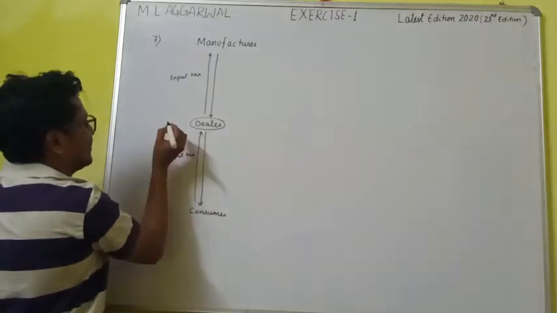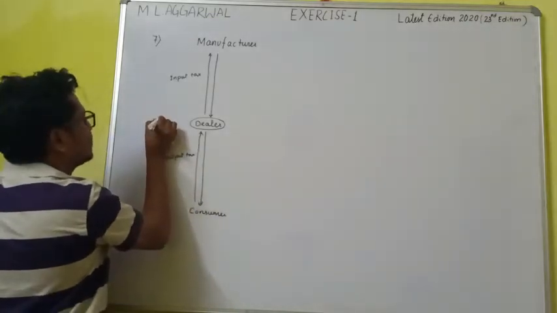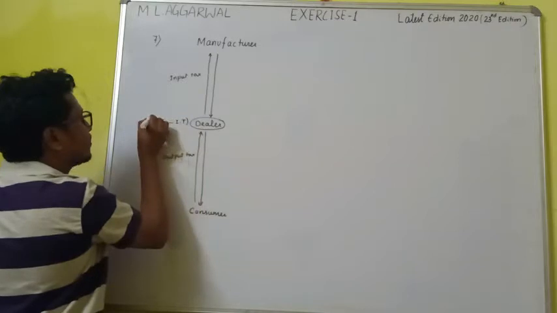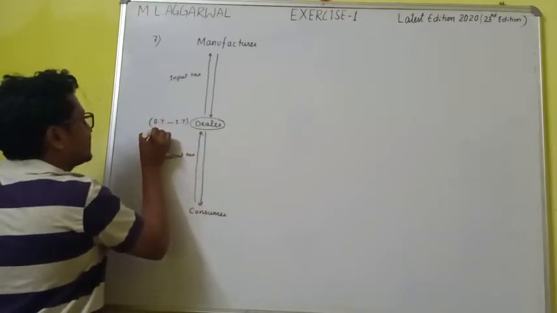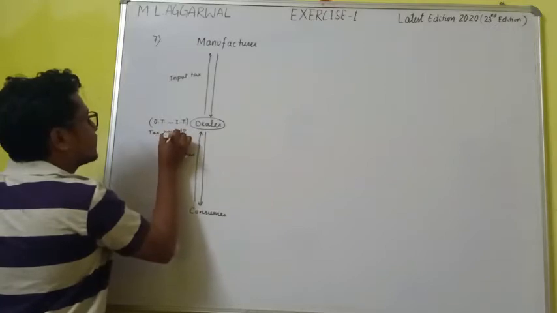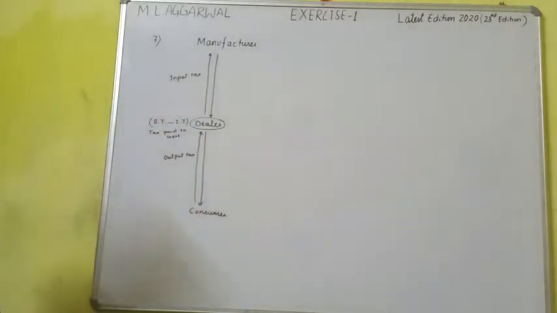So if you subtract these two, output tax minus input tax will be the tax paid to government.